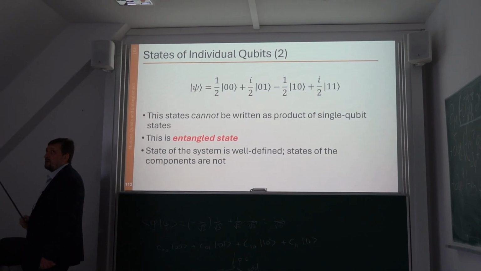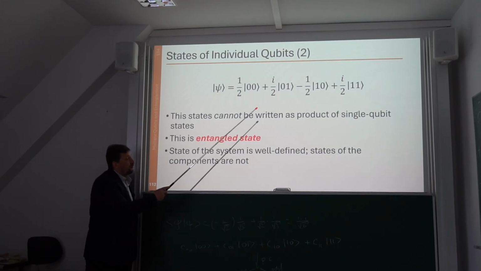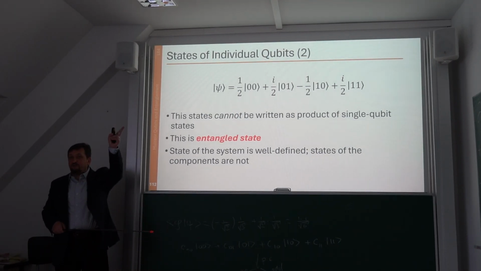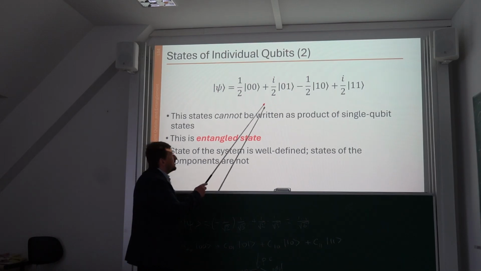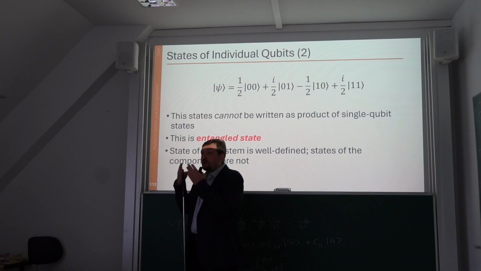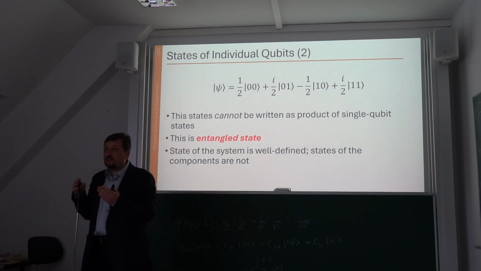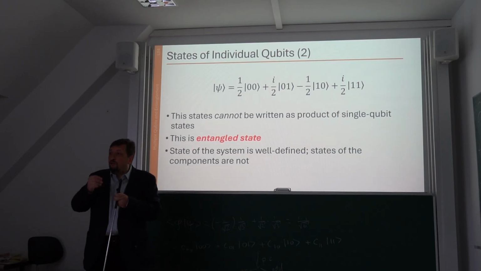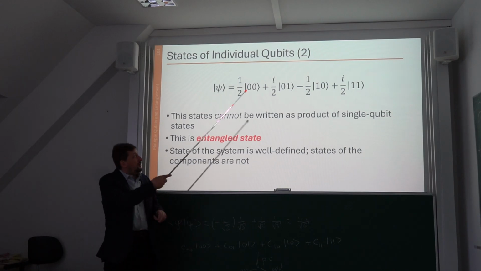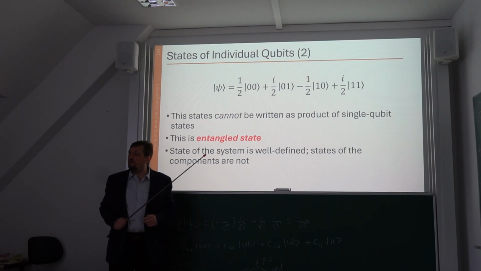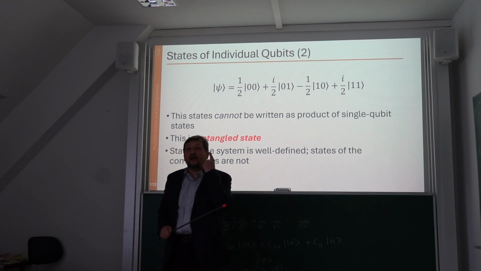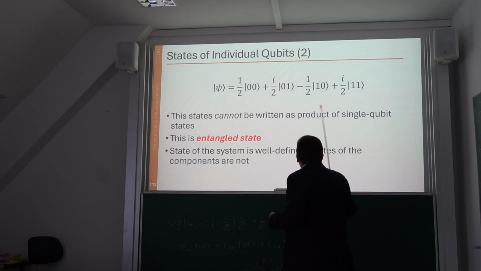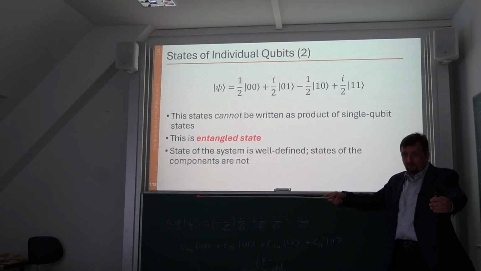So this state, in such a form with just one sign flipped, cannot be written as a product of single qubit states. So if you ask the question, what is the state of qubit 0 here? I don't know. It's not defined. We cannot define it. What is the state of qubit 1? Well, I don't know. At the same time, I have a perfectly fine wave function for 2 qubits.